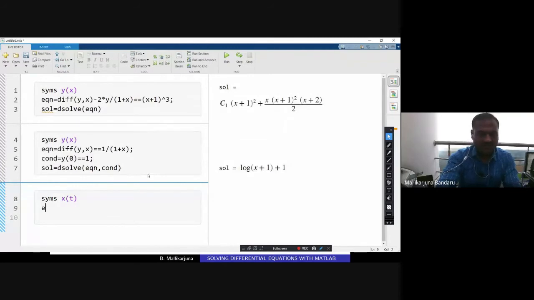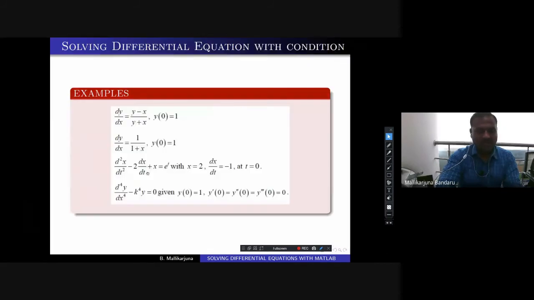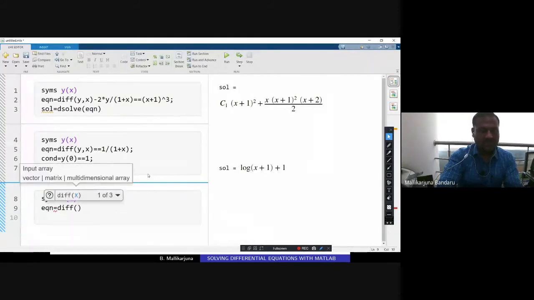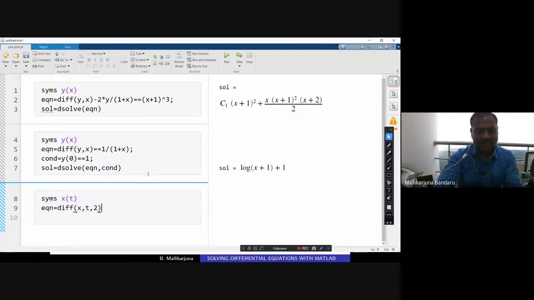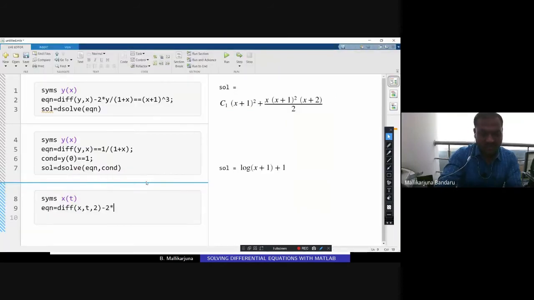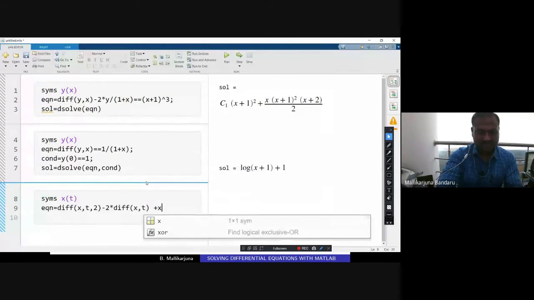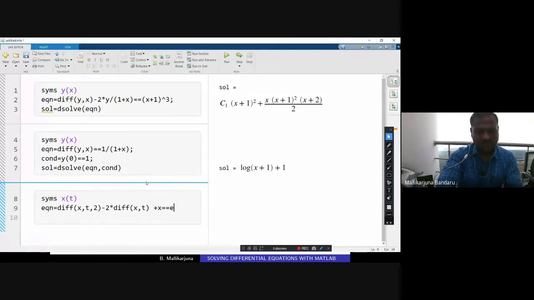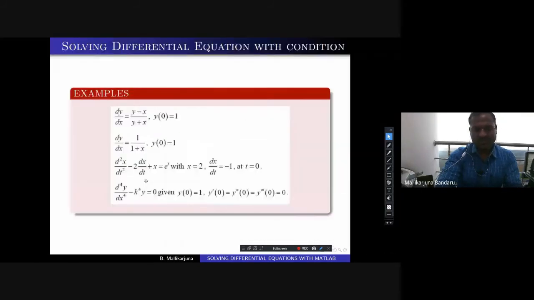The equation is d square x by dt square minus 2 dx by dt plus x is equal to e power t.